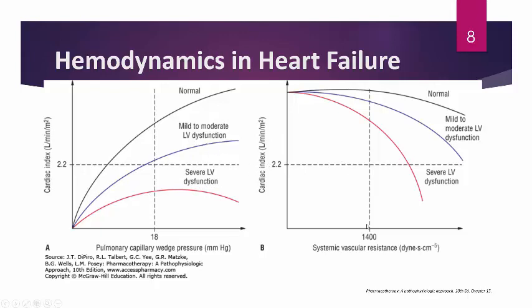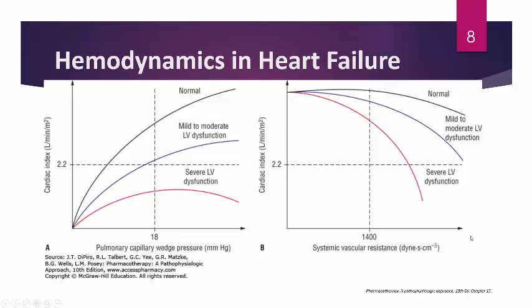Now, in terms of patients who have moderate to mild LV dysfunction or even severe LV dysfunction, their cardiac output may be stunted. And whenever they don't have as good of a cardiac output as a normal patient, they will try to compensate through an increase in systemic vascular resistance to maintain their blood pressure.